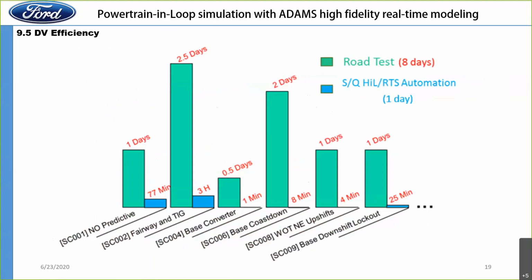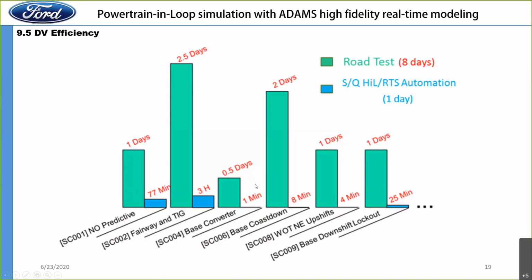We talk about automation and artificial intelligence to develop the powertrain calibration. Inside Ford, we do have such an effort going on with automation, and here's our result to improve the efficiency.